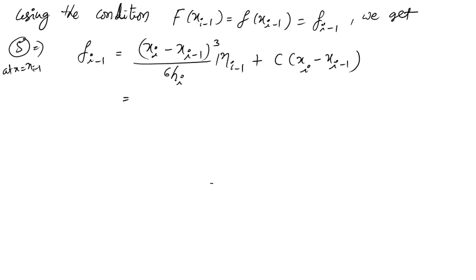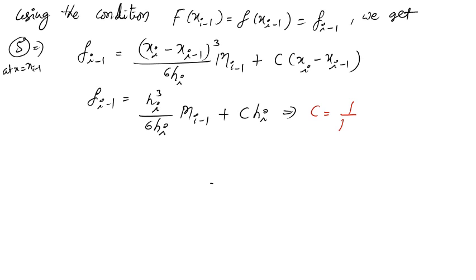So this is h_i cube by 6 h_i M_{i-1} plus c h_i. This is the value of f_{i-1}. From this, get the value of c.